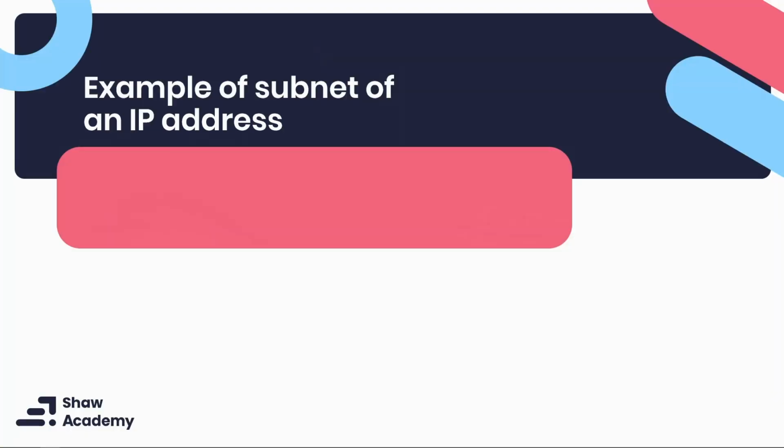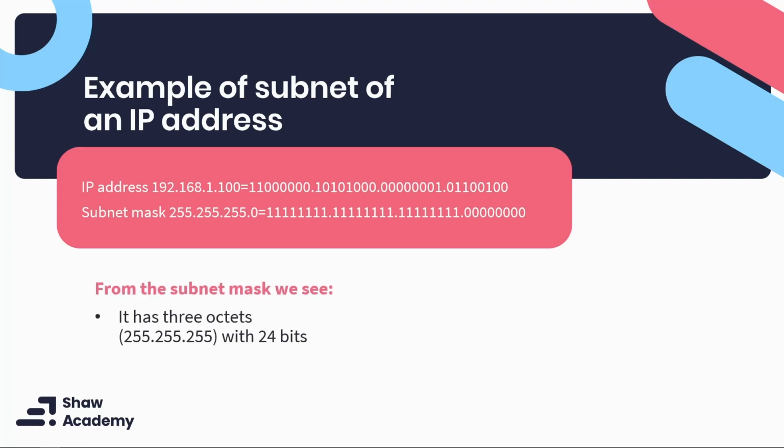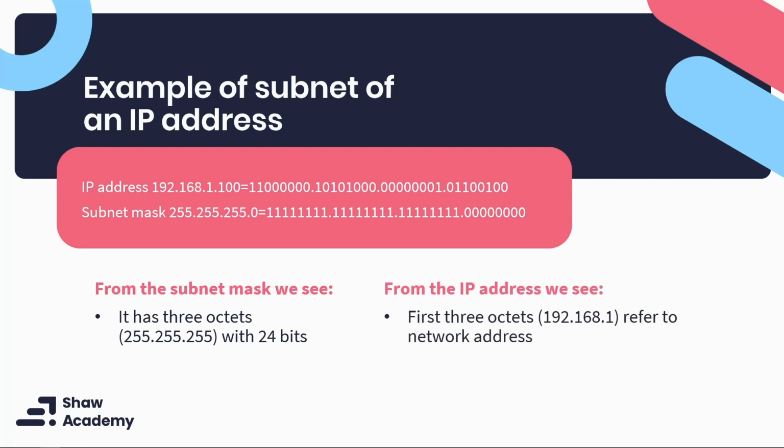Let's look at some applications of a subnet of an IP address in a network. Look at this example. Now, from the subnet mask, we can see that it has 3 octets, which has 24 bits. From this IP address, we see the first 3 octets, 192.168.1, refer to the network address.